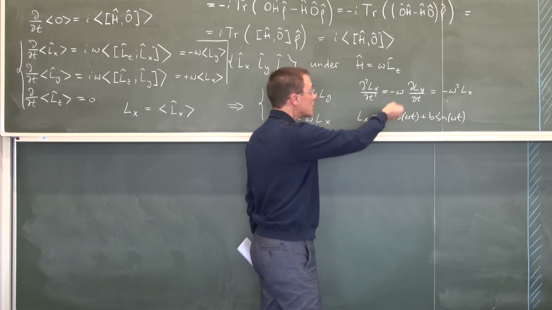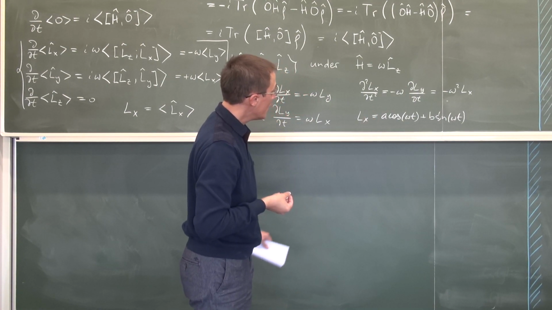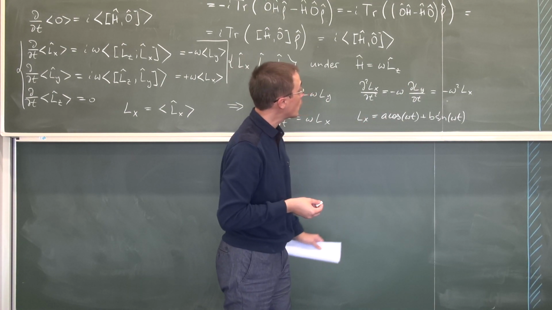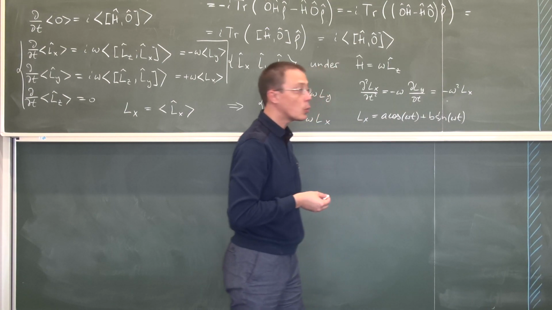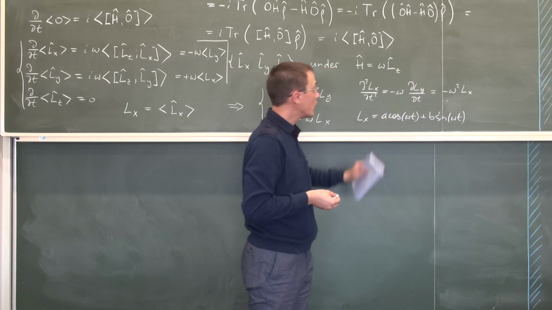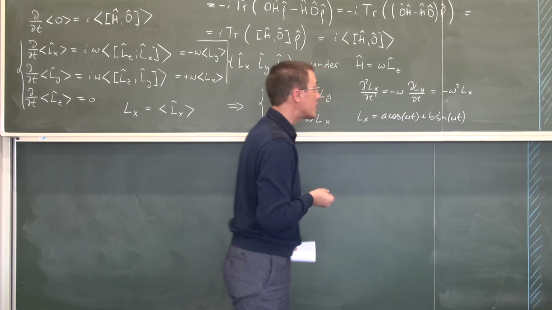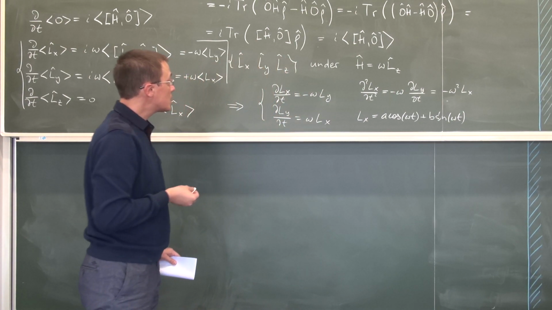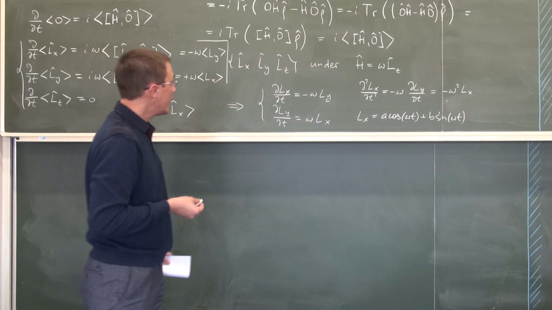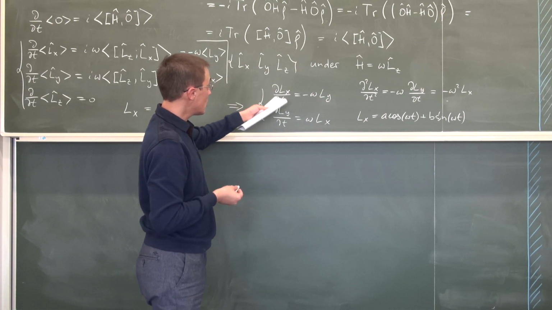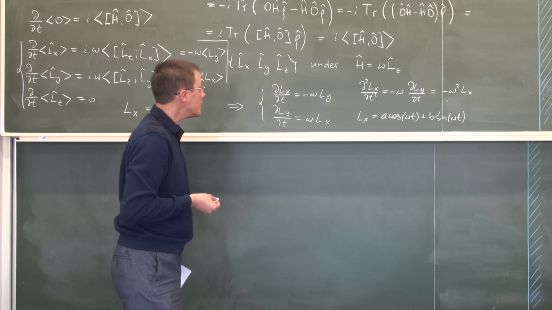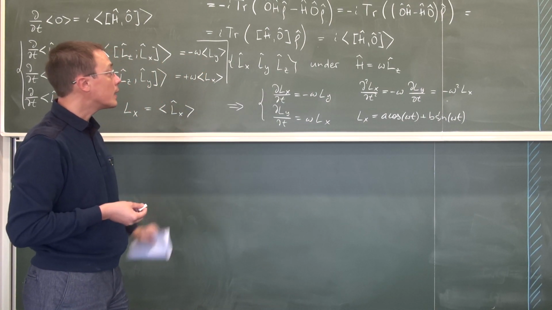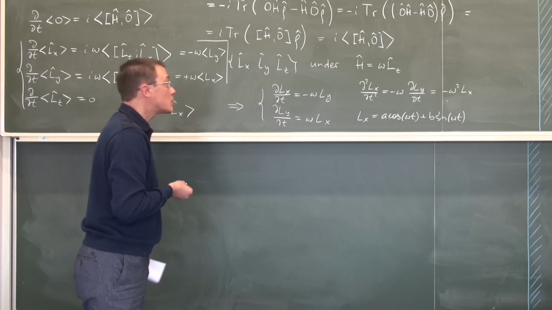And you can check this solution by direct inspection. If you just differentiate the cosine twice, minus omega squared will pop up in front, and you get the cosine back, and likewise with the sine. Okay, so this is our Lx, and then Ly is 1 over omega dLx by dt, and so we can get Ly out of there as well.